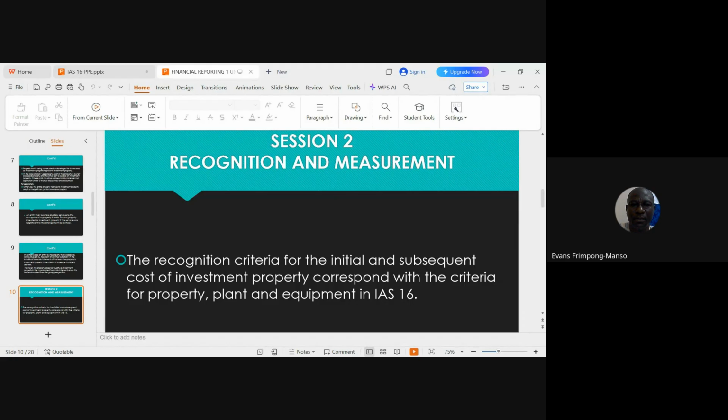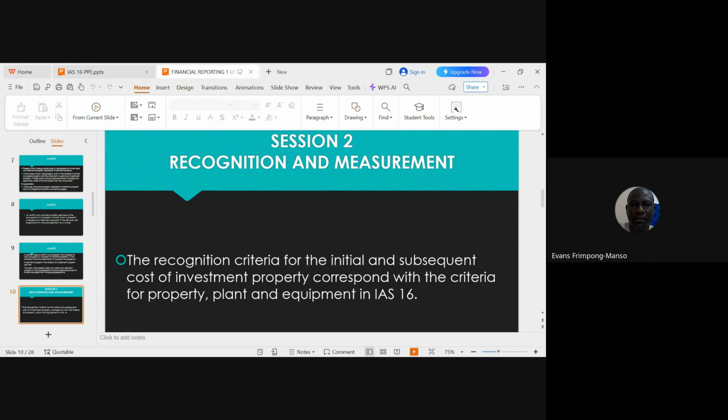That is to say that, I'm talking about the recognition, when it is probable that future economic benefit will flow to the entity and the cost of the property is known. How do we measure it? Initially at cost, subsequently at cost or revalued model.